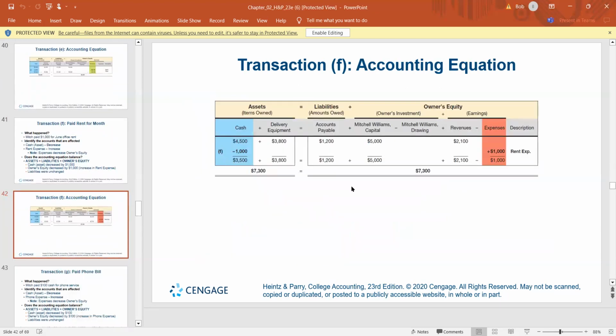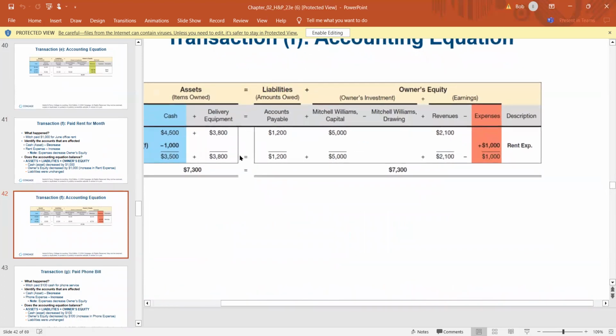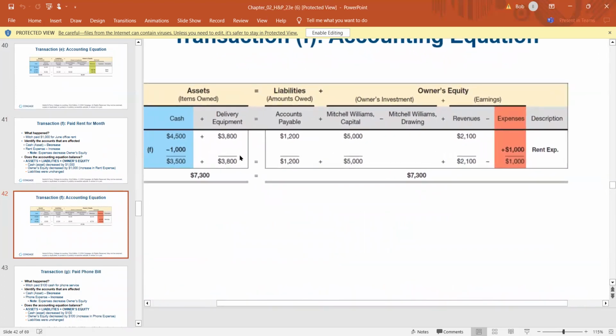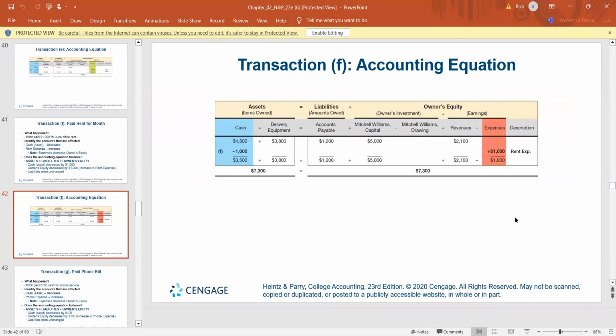And note, we've now taken $1,000 cash away. Take the cash away, and here are your expenses going up. So right now we have a revenue of $2,100 and an expense of $1,000. So far, it looks like he's making a little money, huh?